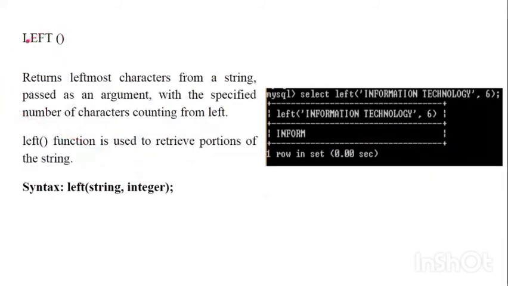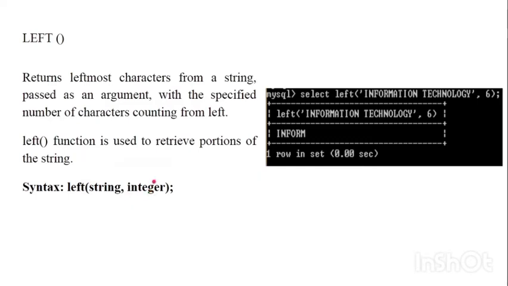Next is the left function. Left function returns the leftmost characters from a string passed as an argument with the specified number of characters counting from the left. Left function is used to retrieve portions of the string. So the syntax is left in parenthesis string comma integer.